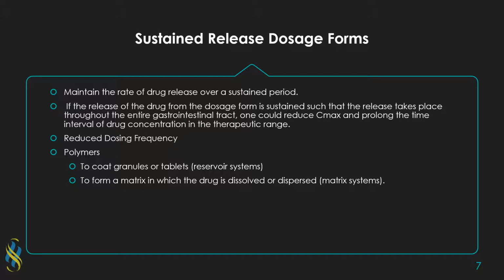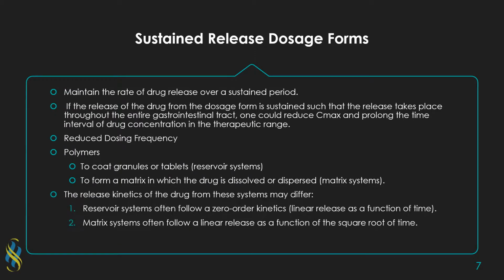We will be discussing these systems in detail further in these classes. The release kinetics of the drug from these systems may differ. A reservoir system often follows zero order kinetics or a linear release as a function of time, whereas a matrix system often follows a linear release as a function of the square root of time.